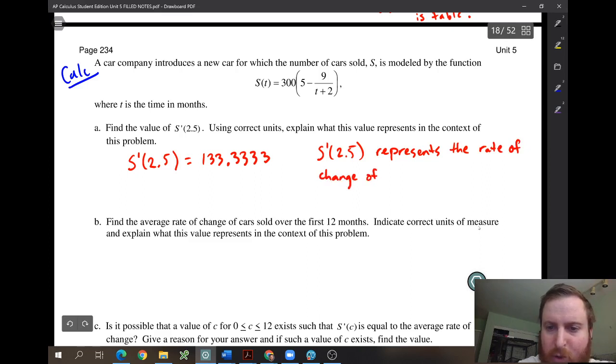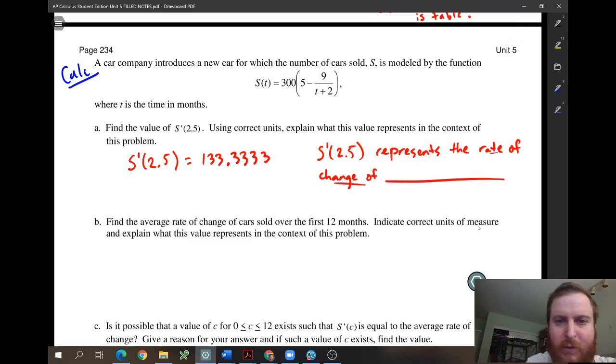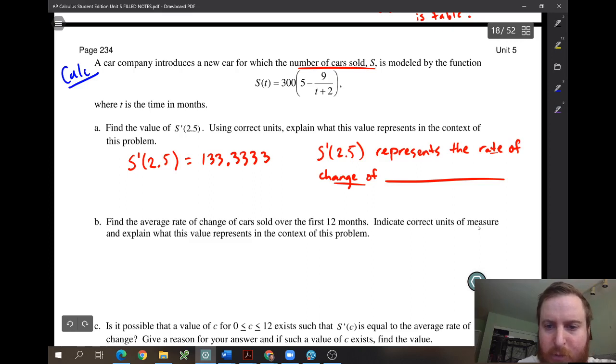Anytime we do a derivative, it's always the rate of change of whatever we have. So the rate of change of the number of cars sold. And we want our units: in cars per month, at time equals 2.5 months.